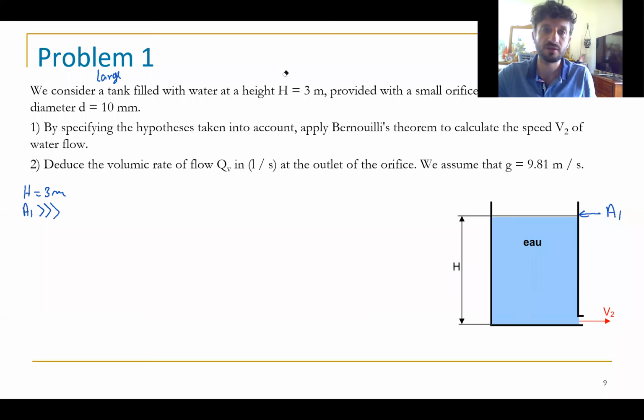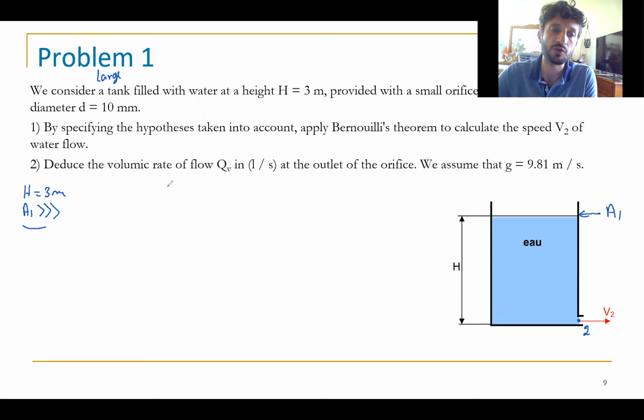So I ask you to find V at the point 2, located at the outlet of the system. Don't forget A1 is very large. In the case of a dynamic system, we have two equations: the Bernoulli equation and the continuity equation.